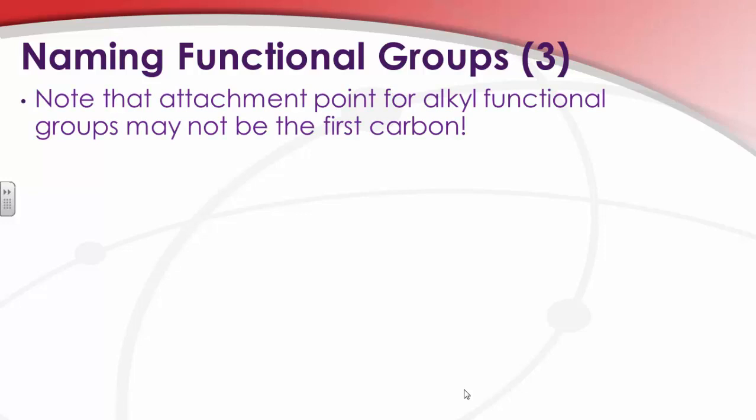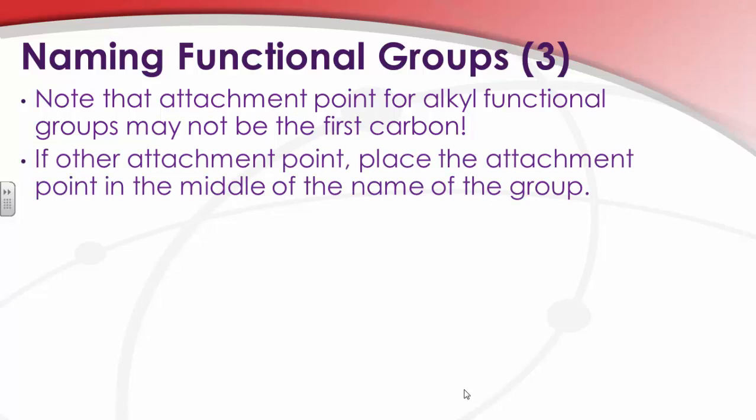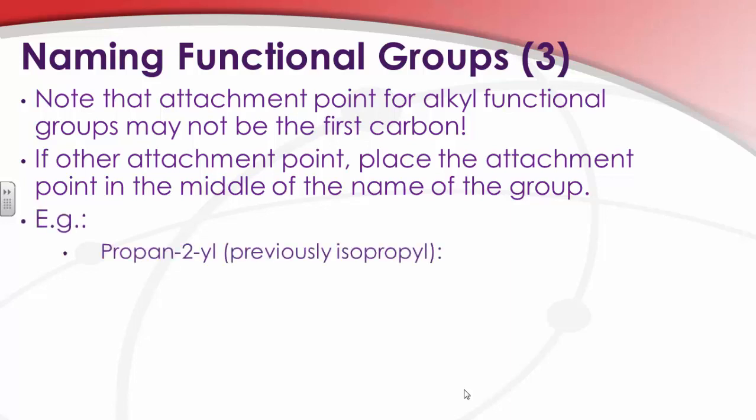Okay, now for some of the larger alkyl functional groups, we have to accept that the first carbon of that one may not be where it attaches. So if you see another attachment point, you need to identify that. So in this case, we have a propyl functional group that we're going to attach in, but it's not attached from either of the 1 carbons.